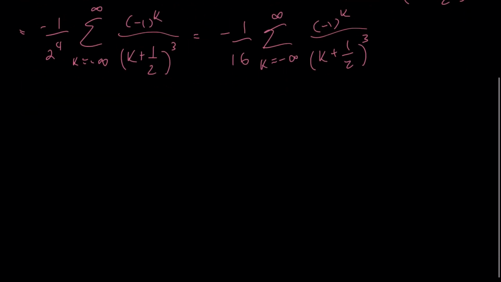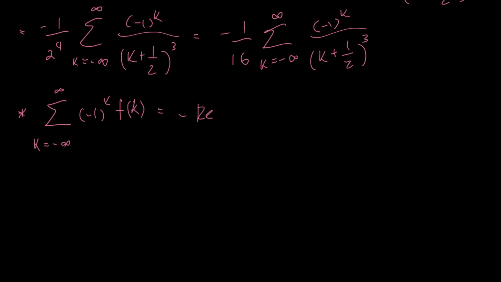And to evaluate this, we're going to make use of an identity. It says that the sum from minus infinity to infinity of (-1)^k times f of k is negative the residue of pi cosecant of pi z times f of z at z equals z naught.